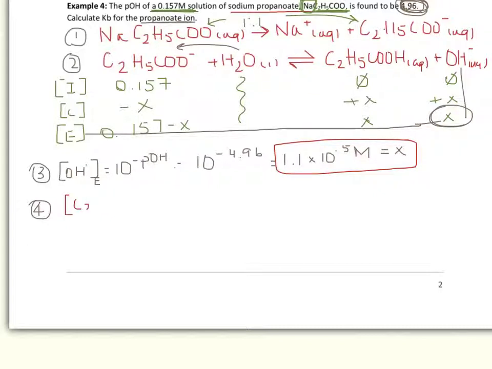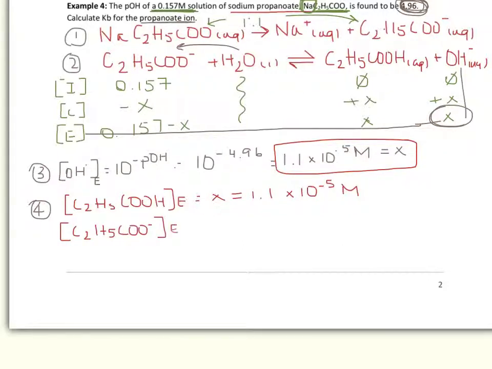The concentration of C2H5COOH at equilibrium is X, which we have found to be 1.1 times 10 to the negative 5 moles per liter. The propanoate ion, we said at equilibrium was 0.157 minus X. We plug that in on our calculator, and with significant figures, it's not big enough to make a difference, and it's still 0.157 molar.